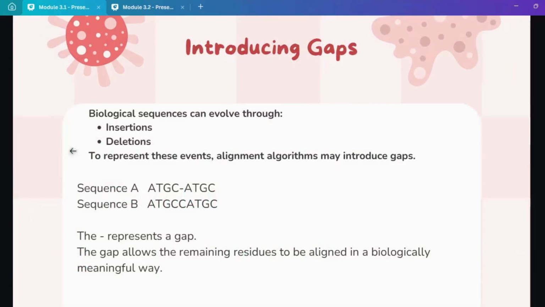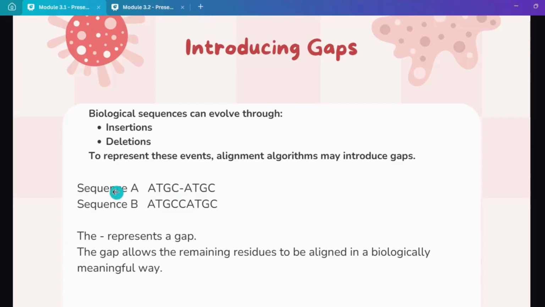So, introducing gaps. What are gaps in the alignment? Biological sequences can evolve through insertions or deletions. Whatever evolution we have studied so far is due to insertions and deletions in the sequences. To represent these events, alignment algorithms may introduce gaps.